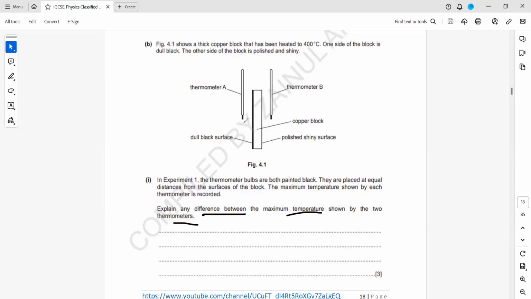We have two thermometers. One is facing a dull black surface, another one is facing a shiny polished surface. Which thermometer will show a greater change in temperature, maximum temperature? That's right, dull black. So one mark for mentioning dull black.